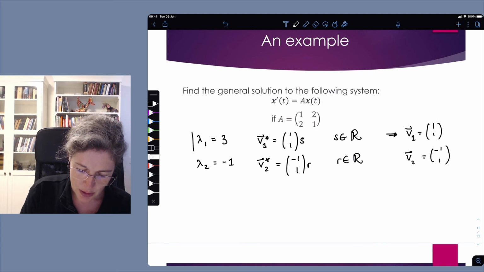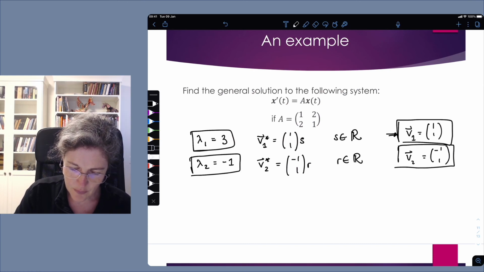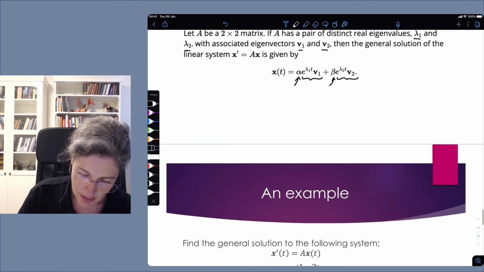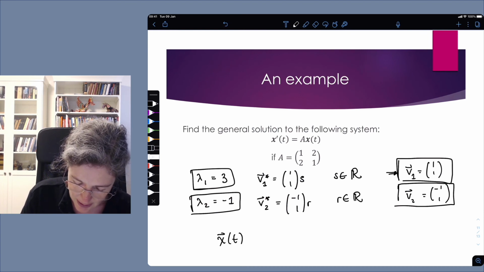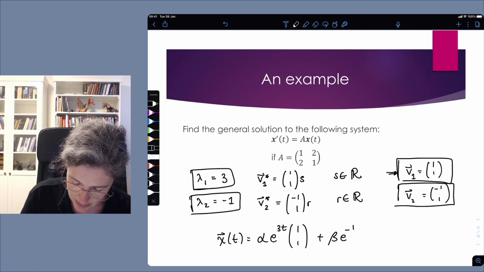Okay, so we want to put these all together into our solution. So our final solution is going to be, according to that up there, x of t is equal to some constant a times e to the lambda 1, so that's 3t, times v1, plus some constant b times e to the minus t times minus 1, 1.